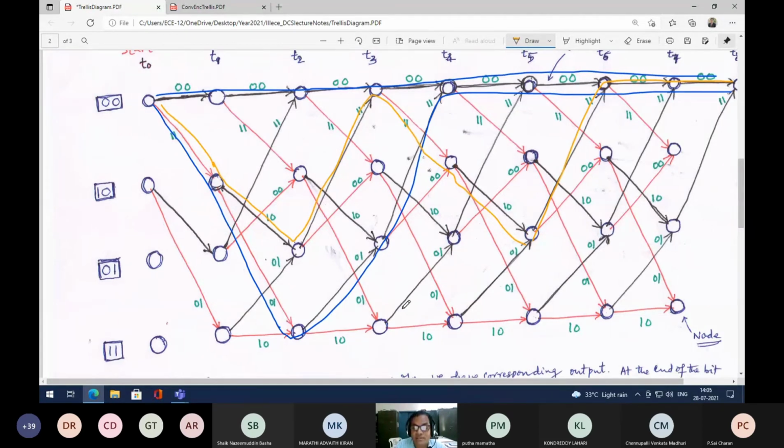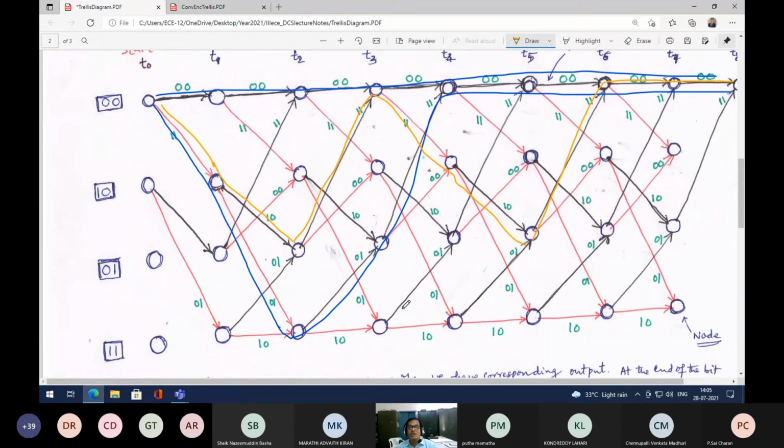Those can be transmitted. Now my aim is, I have received some sequence. I want to find out the closest possible, because the receiver knows all the possible code words. Receiver has got a big table of all possible code words. Now in that, the receiver has to select which is the best match for the received sequence. How will you find out that best match?